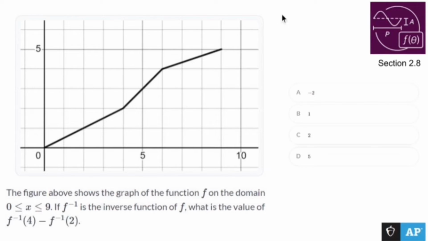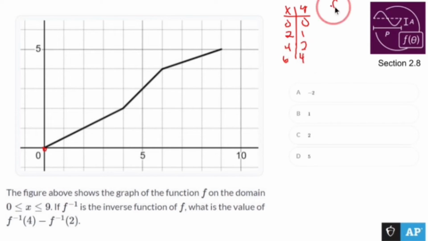If I say f of x equals a number, for example, x and y, like if I were to look at this and say, all right, well, 0 appears to match up with 0, and 2 appears to be 1, and what else do I care about? 4 appears to be 2, and that other 4 is probably going to show up. So let me see. 6 appears to be 4.